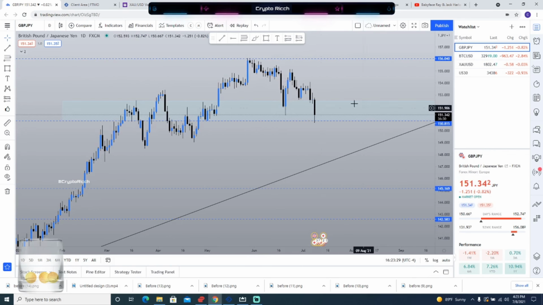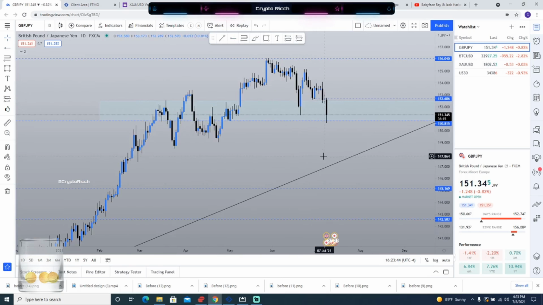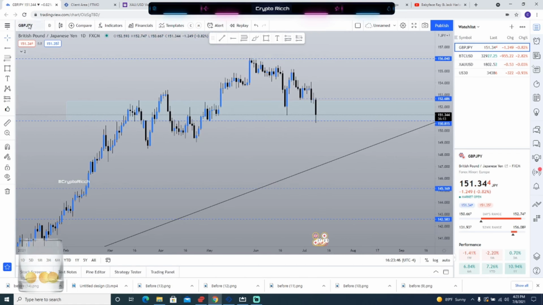Now it's going down. So automatically what I'll notice is this M formation. And typically with these, you'll expect it to make a retracement back to this neckline, at least from how I trade, I've noticed that. So I'll mark that off.